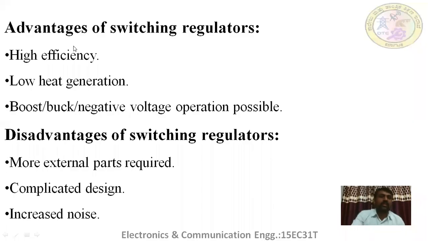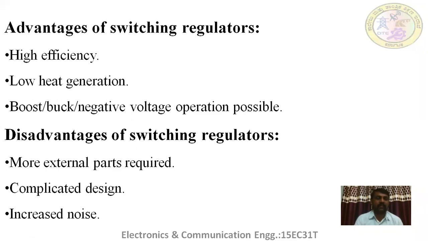Let us see what the advantages of switching regulators are. The first one is high efficiency. Efficiency means the ability of conversion. So switching regulators provide more than 90% efficiency.